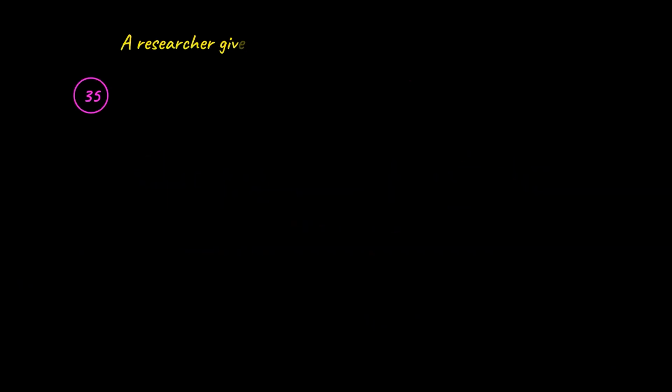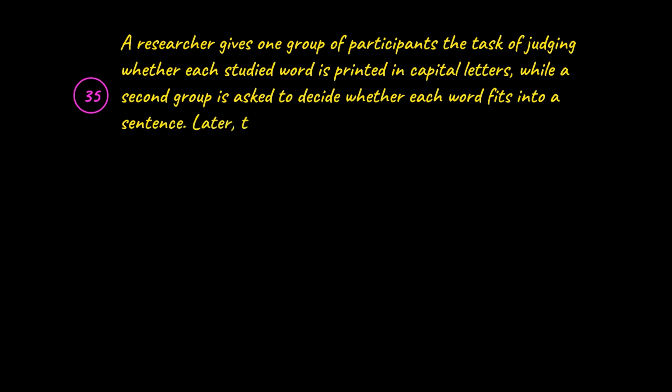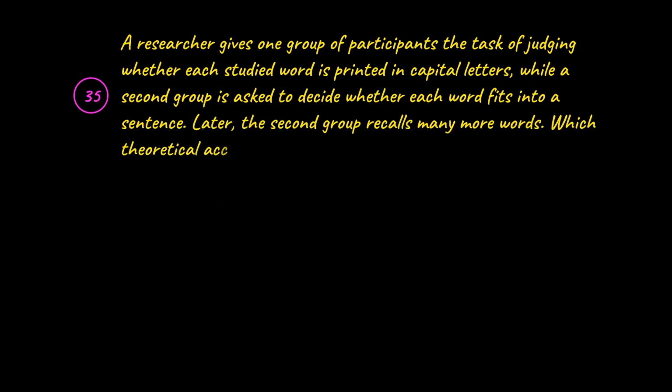Question 35. A researcher gives one group of participants the task of judging whether each studied word is printed in capital letters, while a second group is asked to decide whether each word fits into a sentence. Later, the second group recalls many more words. Which theoretical account best explains the difference?